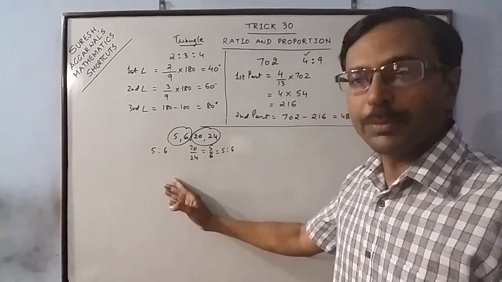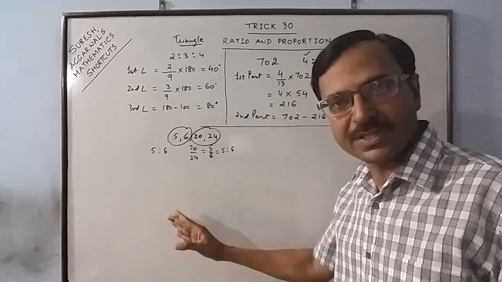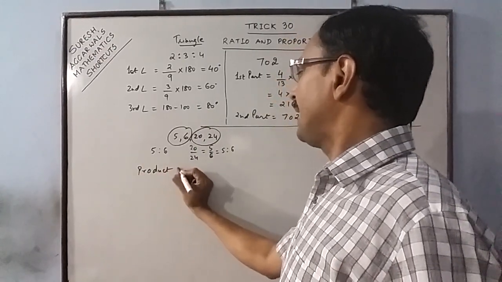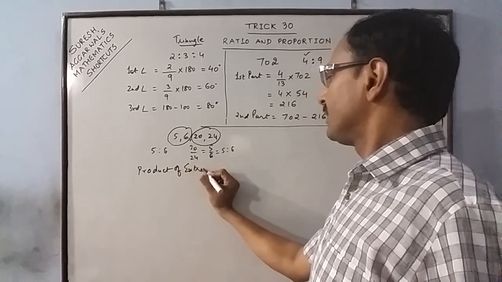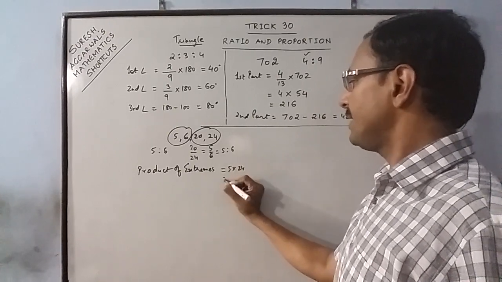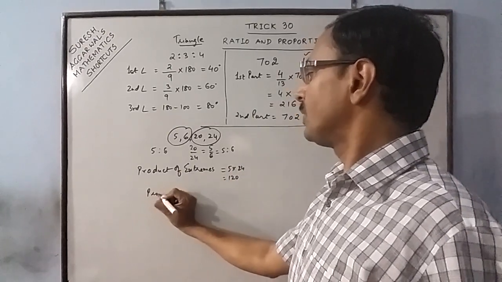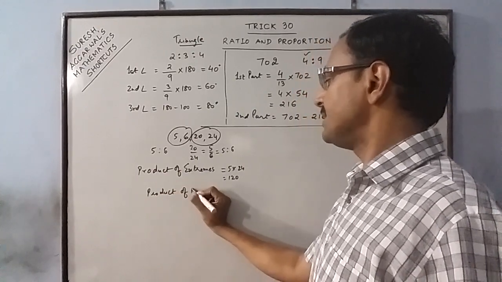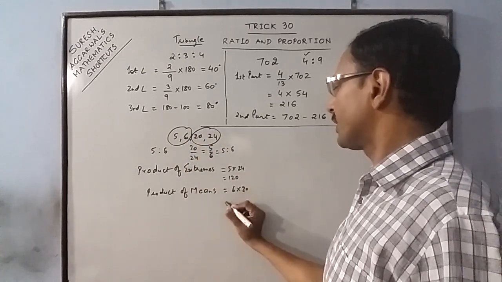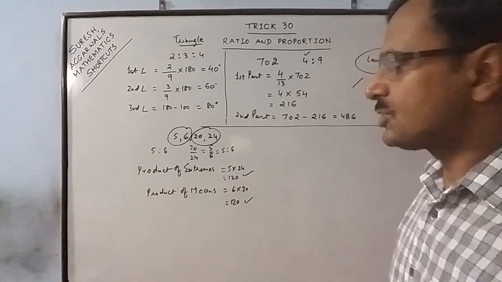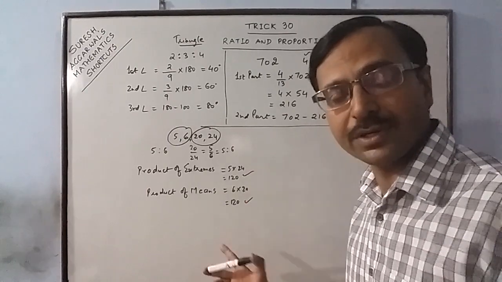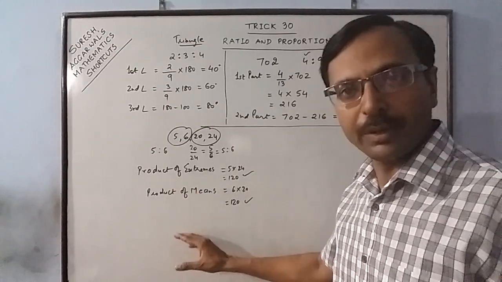But in competitive exams, when you have to check whether these numbers are in proportion, then you just find the product of extremes, that is the first number and the fourth number, 5 into 24, 120, and the product of remaining two numbers, those are called means, product of means. Now means are 6 and 20, so 6 and 20, again the product is 120. So if these two products are equal, then we call the four numbers are in proportion. So this is one of the shortcuts where you have to find whether the four numbers are in proportion or not.